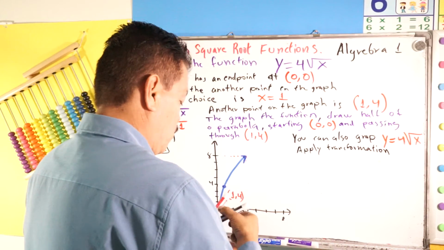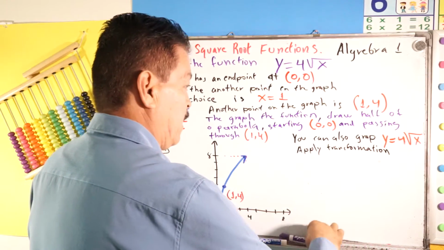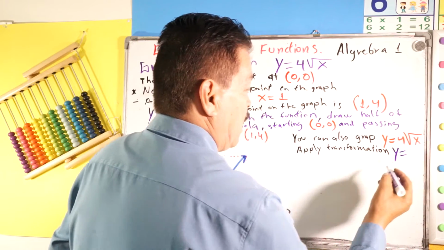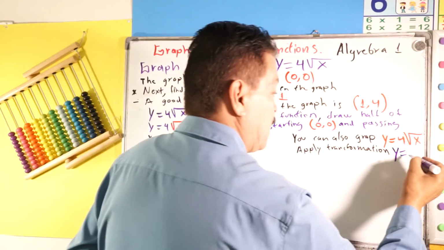So applying the transformation, the basic function will be y equals square root of x.